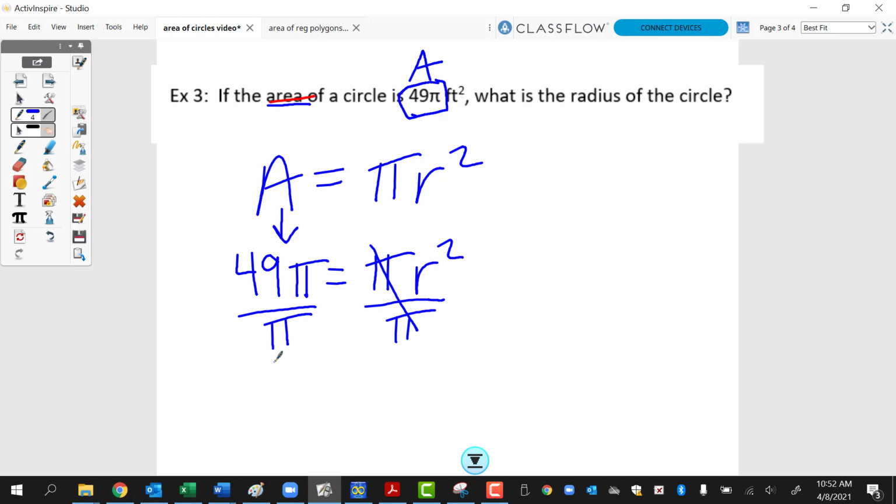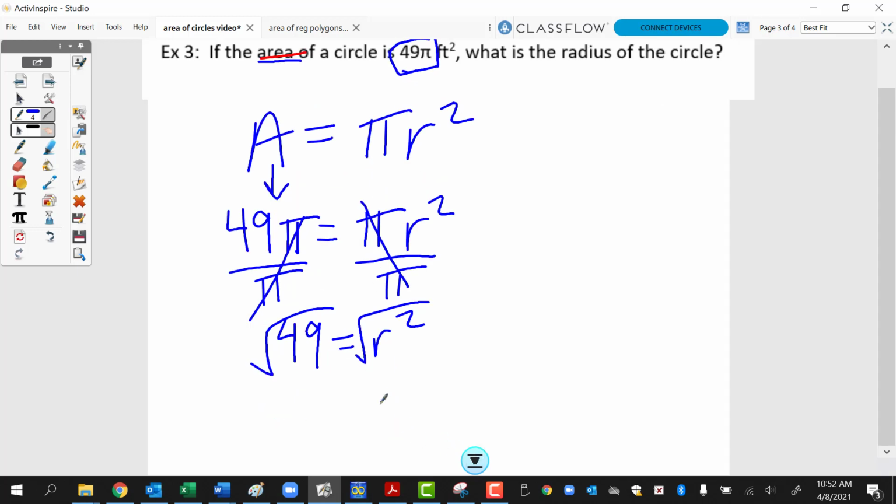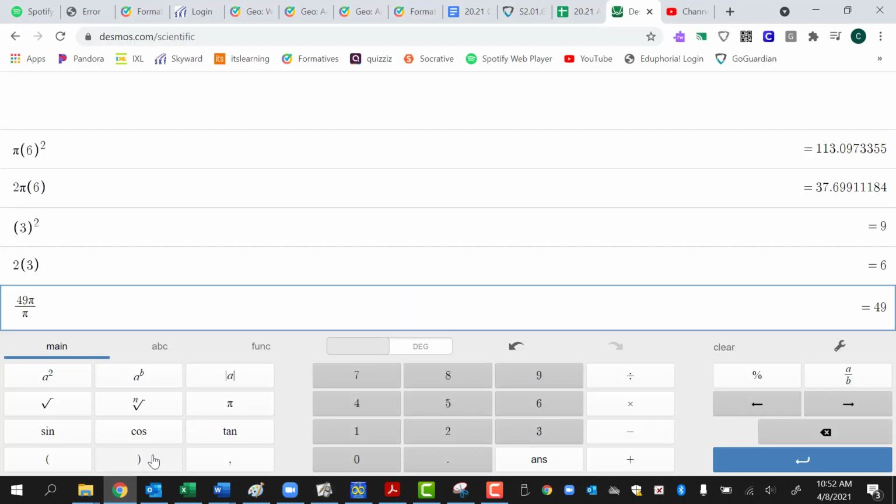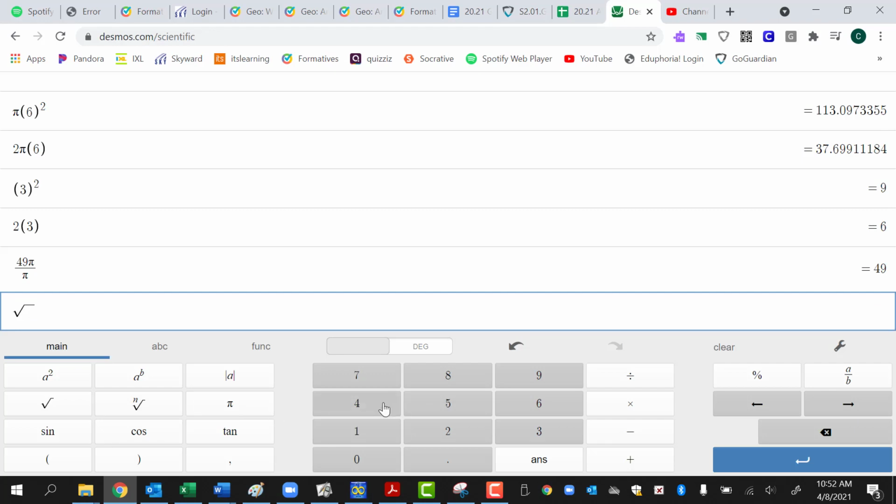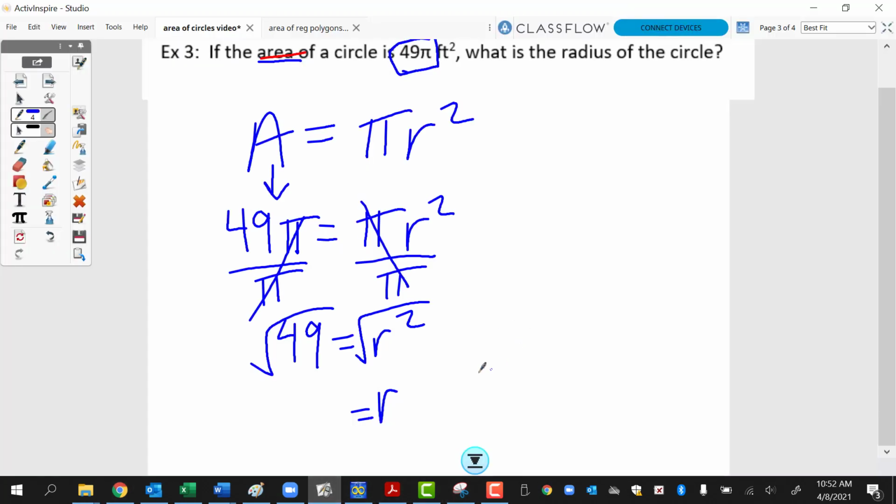Like these would cancel out and we'd just be left with 49 equals r squared. We're not done because that's r squared, not just the radius. So what do I do to get rid of that? Square root. So r equals, we're going to type square root of 49 in the calculator. So square root 49 is 7. So that means my radius is 7.